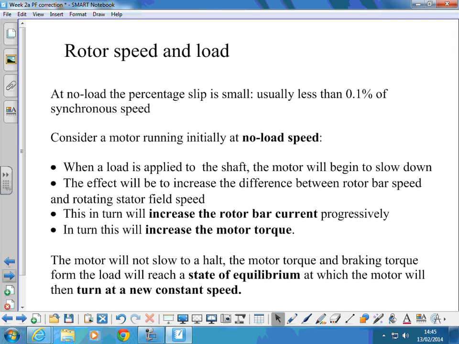But it will vary slightly as you load it up. So the motor will not slow to a halt. The motor torque and braking torque from a load will reach a state of equilibrium at which the motor will then turn at a new constant speed.